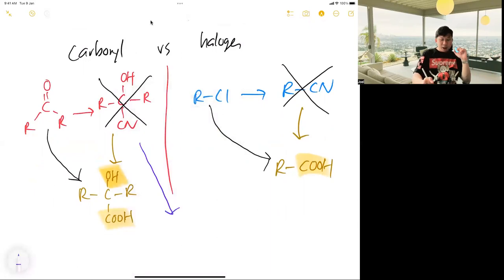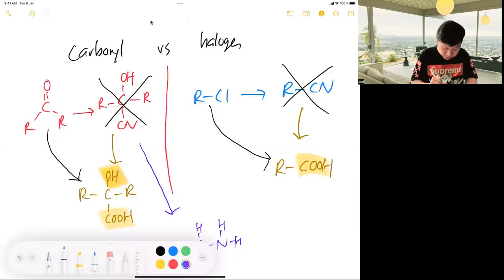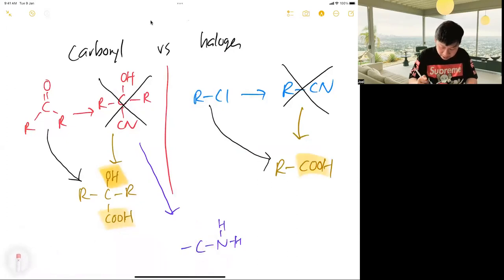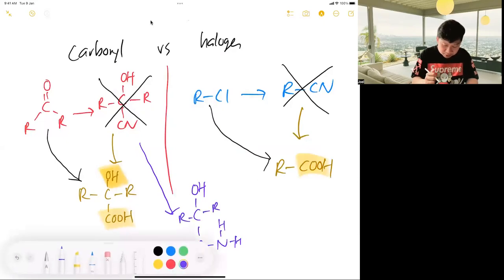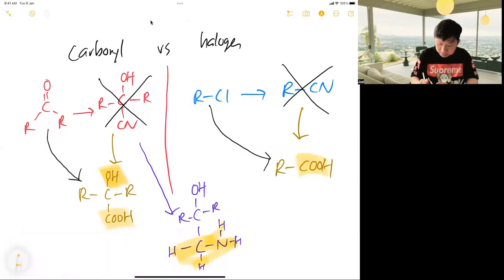From a CN it can be CH2NH2, an amine again. Let me draw properly. You need to practice. Whenever there's a new group, this entire bottom group, and there's an OH, it's also through carbonyl.